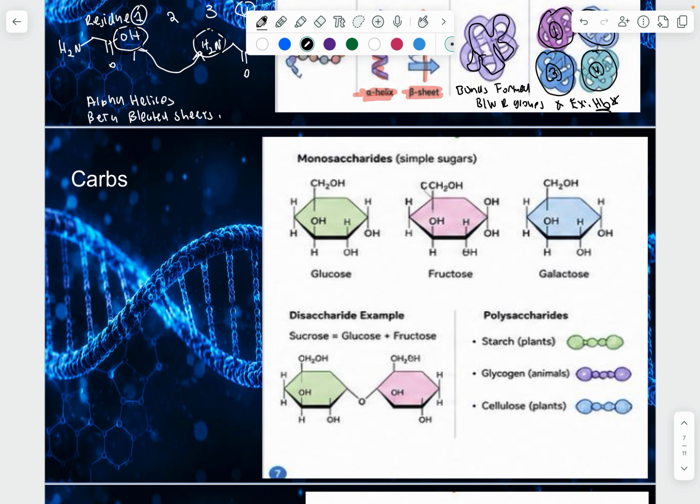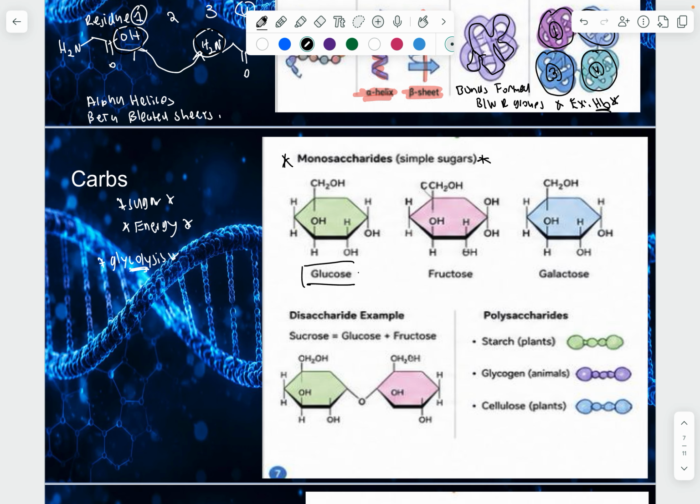Now let's talk about carbs. So carbs are your sugar energy source. And carbs are very useful for quick energy because they're easy to break down. What is the main thing we have learned for carb breakdown? Glycolysis, because we intake glucose through food and then glycolysis eventually breaks it down. So when we're looking at monosaccharides, they are the building blocks of carbohydrates.